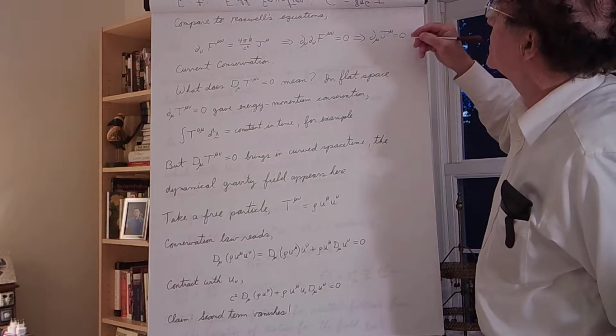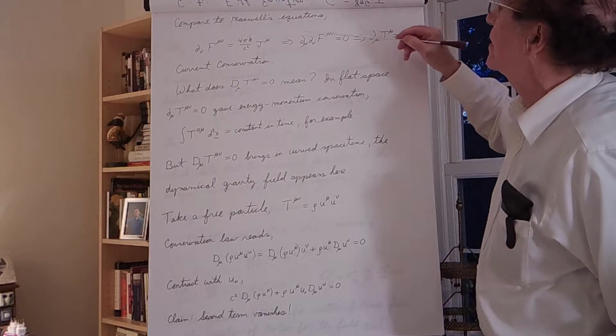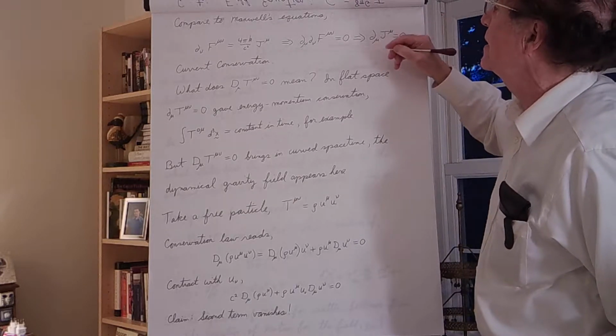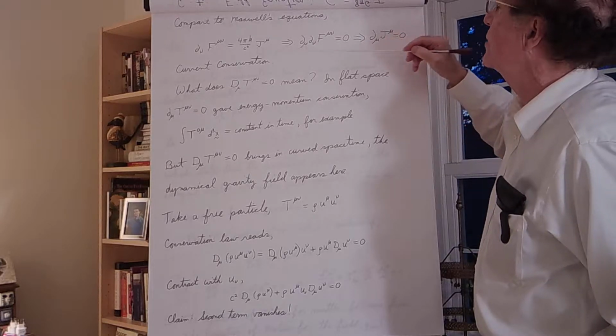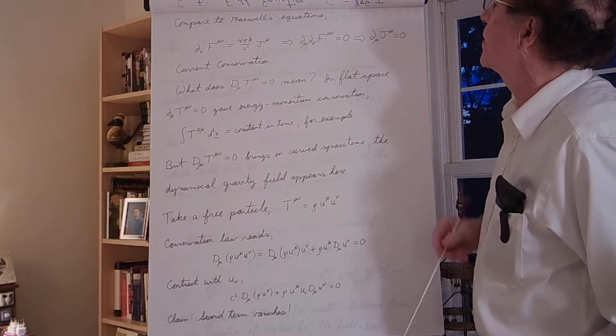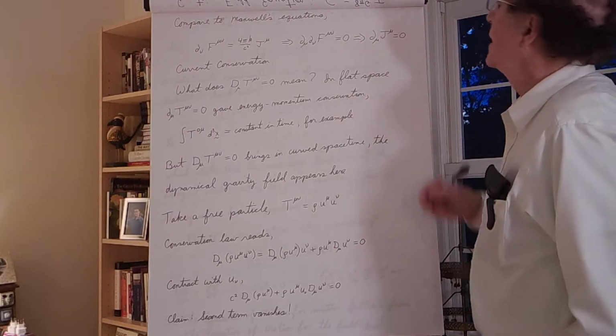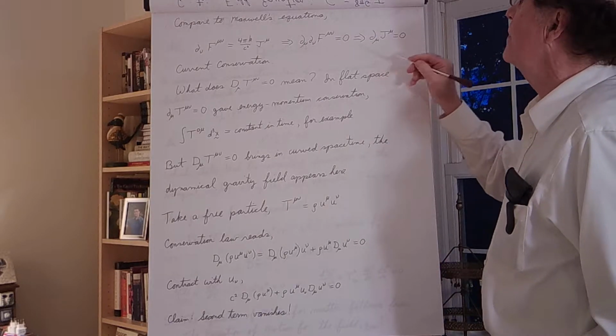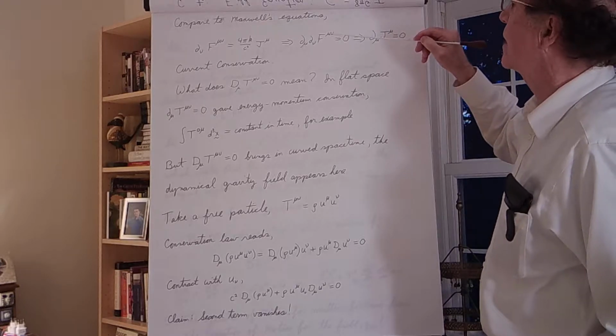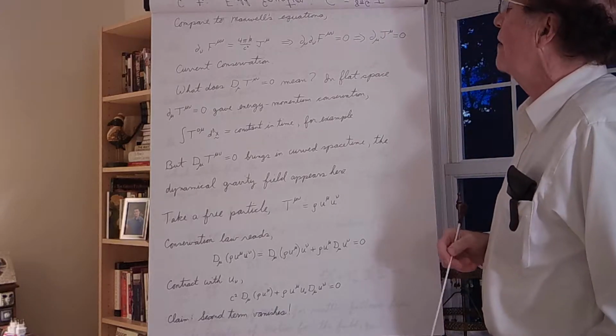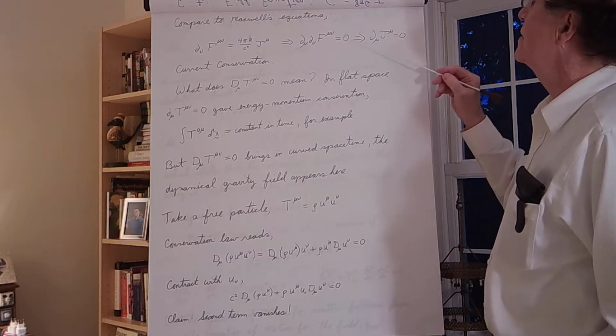So it's anti-symmetric in these two indices, but this object, of course, in flat space is symmetric. It doesn't matter which order you apply the partial gradients in flat space. And so you do the sum and you get 0 because it's anti-symmetric up here, symmetric down there. For every positive term you have a negative term, and it sums to 0.